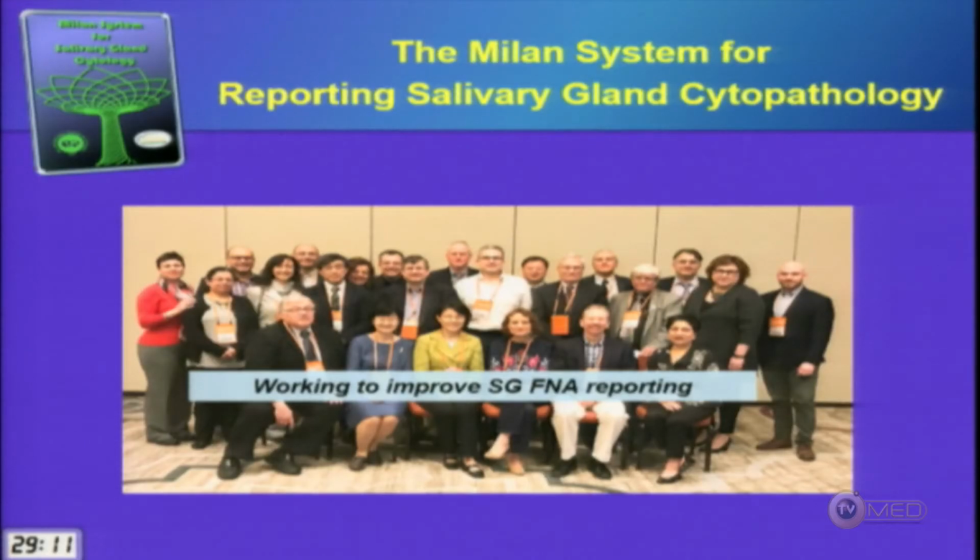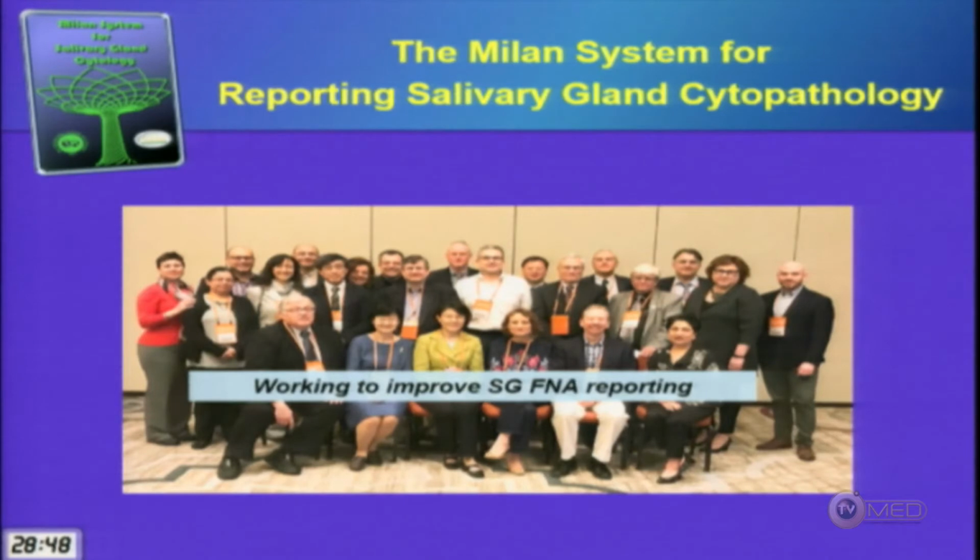So this is what spawned the Milan system for reporting salivary gland cytopathology. This is a subset of the co-authors, the very important group that worked on this Milan system and came up with the final reporting system. This was taken at one of the recent USCAP meetings.